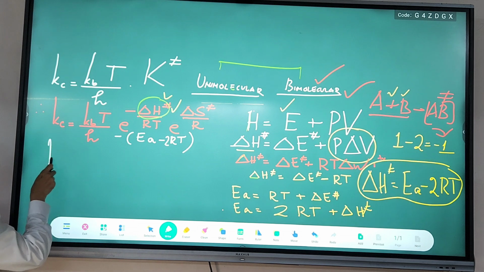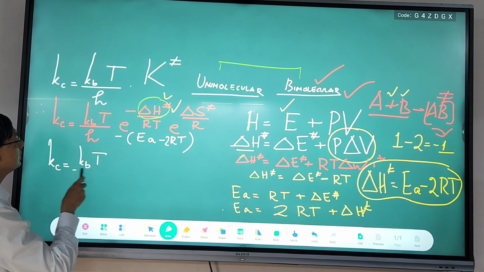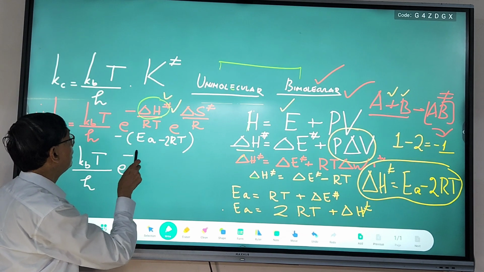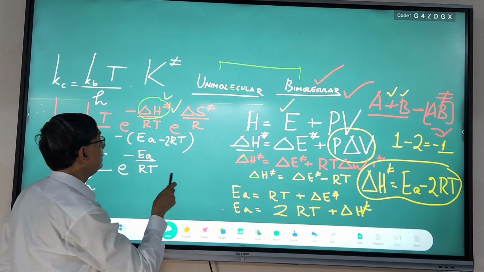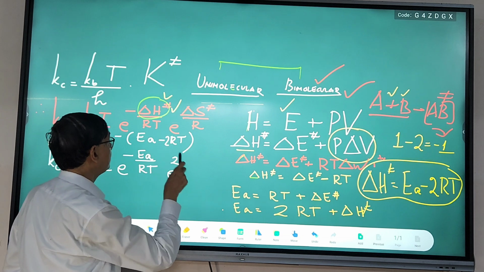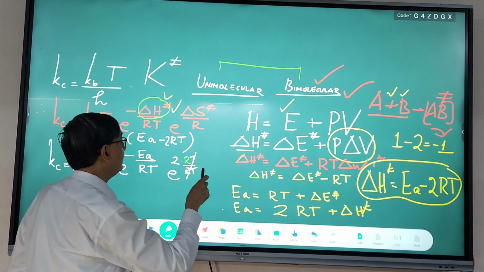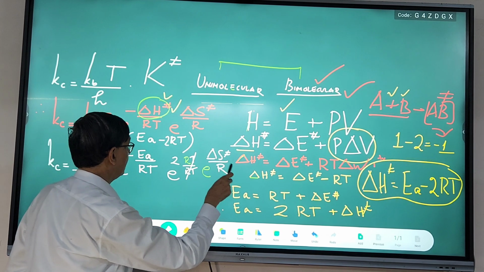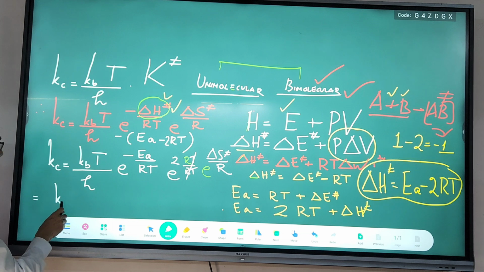So exactly the same, just a slight difference. K_B T by h e to the power minus EA by RT. Then again minus plus 2RT, this cancels, delta S by R. So for unimolecular there is only one E value, and for bimolecular Kc you can write.